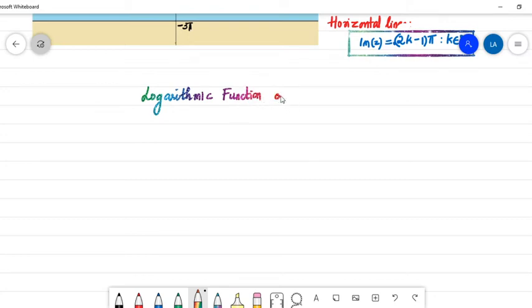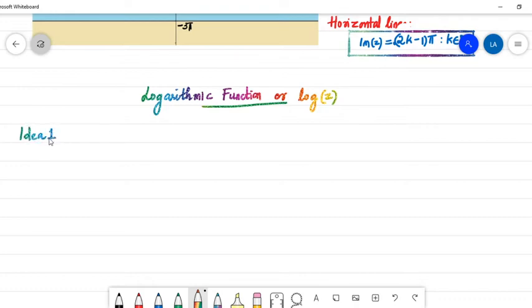As we are standing in complex analysis, we will call it log of z. So the problem is, how will we define this log of z as an inspiration from a real logarithmic function? So we have basically two ideas.